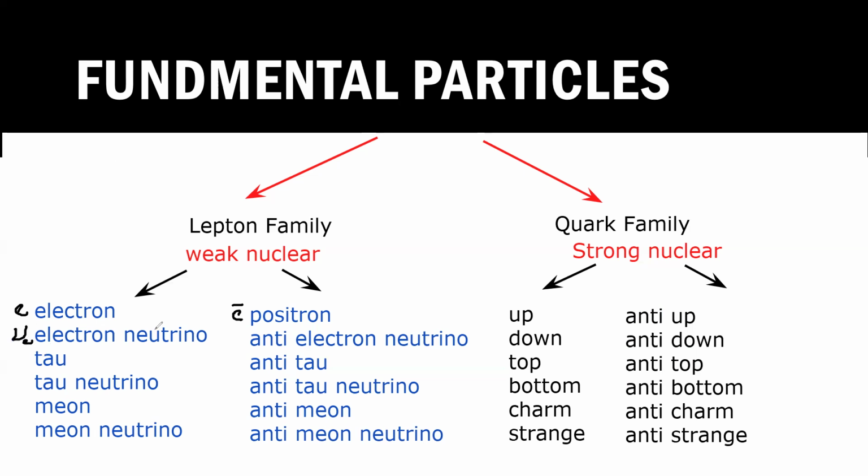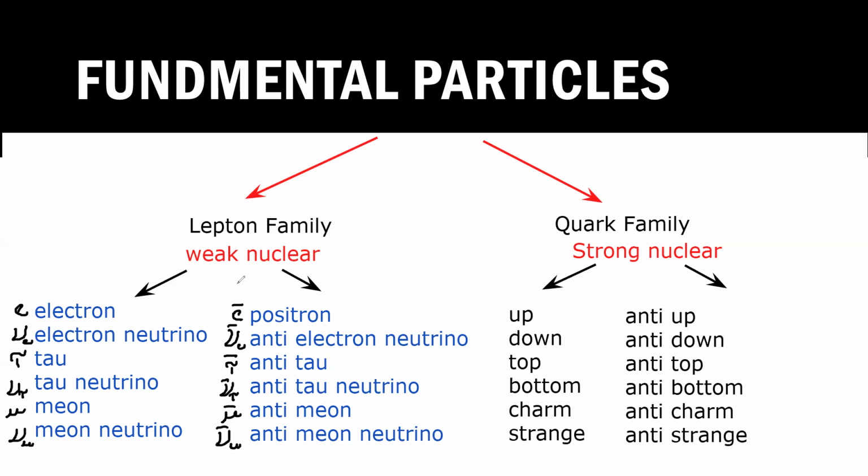And then the symbol for the tau, these are all Greek alphabets. The symbol for tau neutrino, and this will be anti-tau neutrino. Symbol for muon, it's mu. And for anti-muon, it will be mu bar. This will be muon neutrino, and this is anti-muon neutrino.